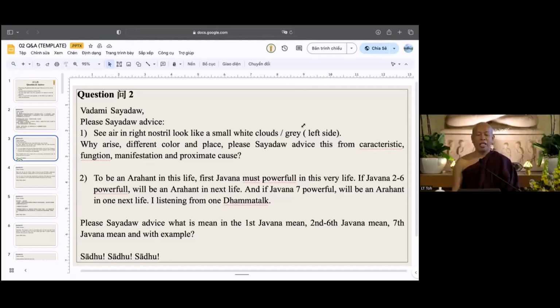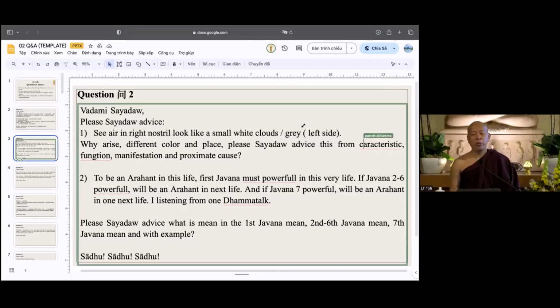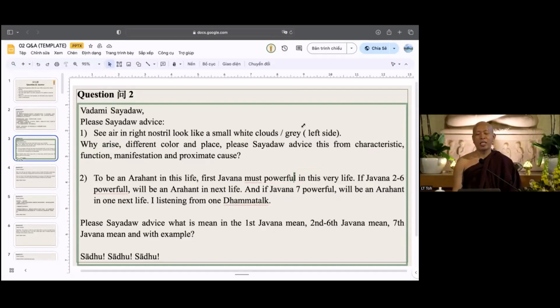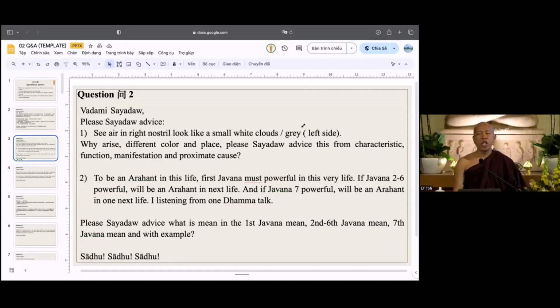There's some misunderstanding. The first one: we cannot say the characteristics, function, manifestation, or proximate cause of all you ask, because it comes from perception. In the case of the nimitta, whenever your perception changes, it will change.